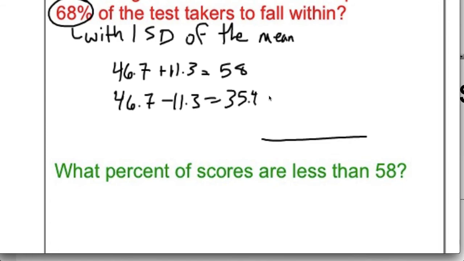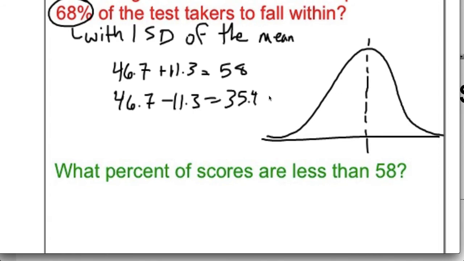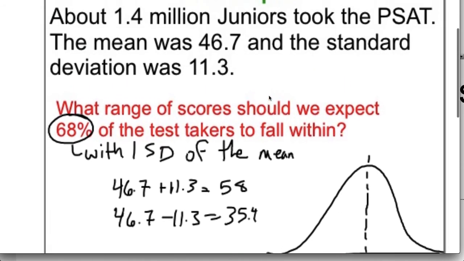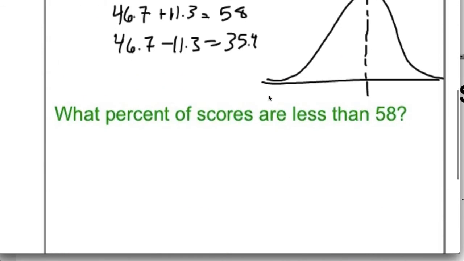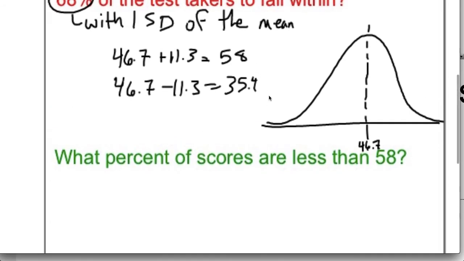And so what this would look like on our bell curve, okay? There's the middle of our bell curve, and it said that the mean was 46.7. And so if I go 1 standard deviation above that, that's a score of 58.